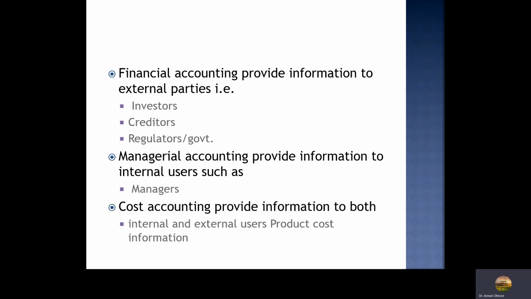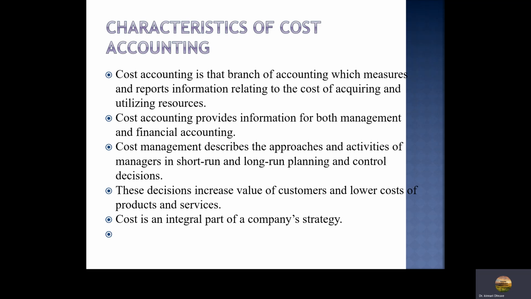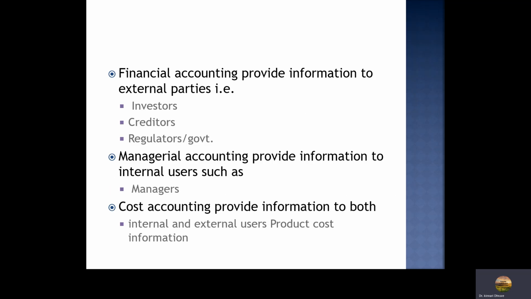Now, financial accounting provides information to external parties, that is investors, creditors, regulators, that is government, etc. Managerial accounting provides information to internal users such as managers. Now, cost accounting provides information to both parties, internal as well as external users, such as product cost information.